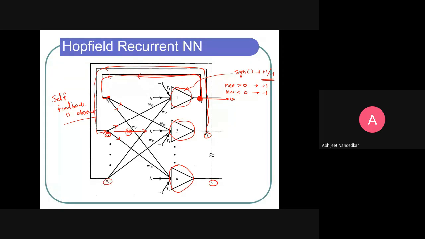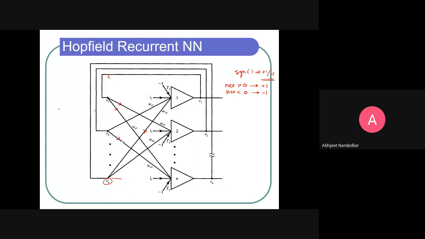So this is Vn coming here as Vn. So there is no connection to self itself. So self feedback does not exist. So keep this thing in mind. Self feedback does not exist, and you have a feedback loop. So output is coming back as input. So that is the unique thing of this network.